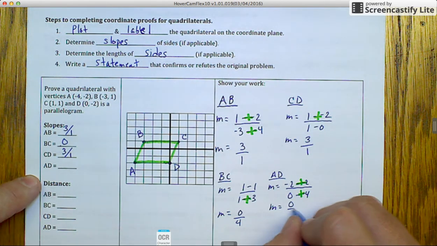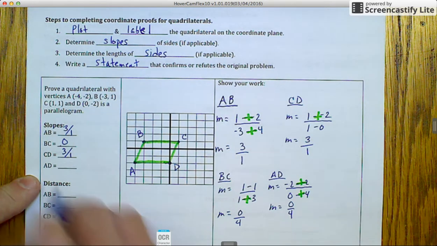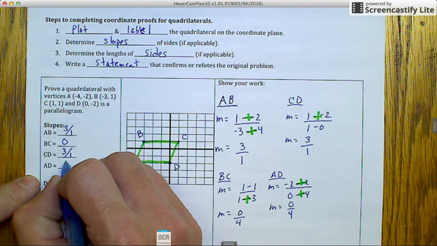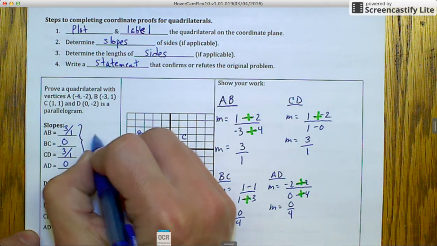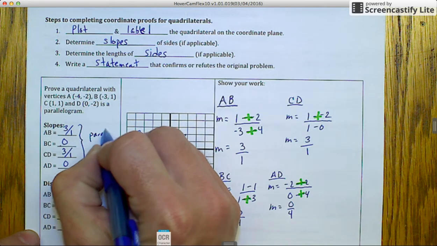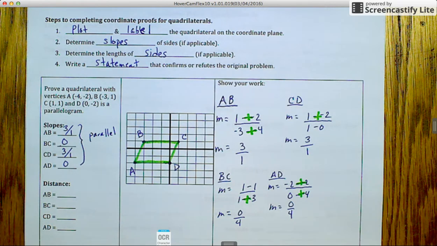So we have 0 over 4 again. So my AD slope would be 0 as well. So now we know that they are parallel. And now we're going to figure out what the distance is.